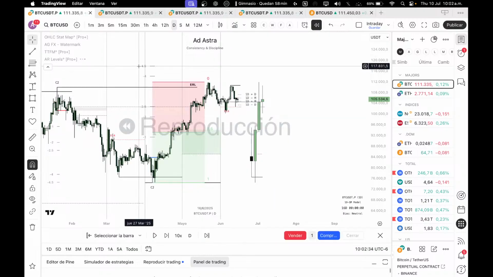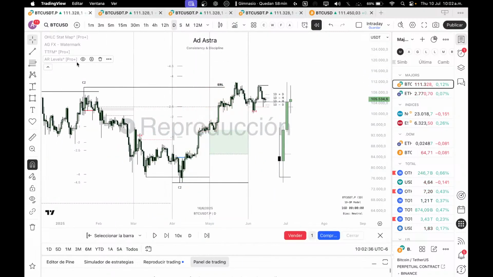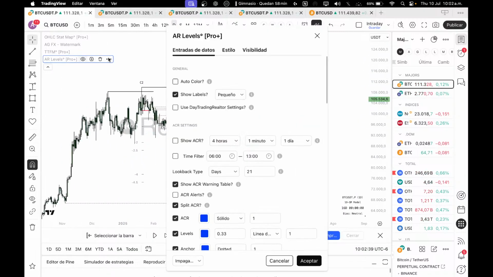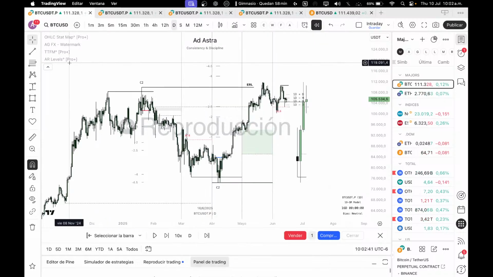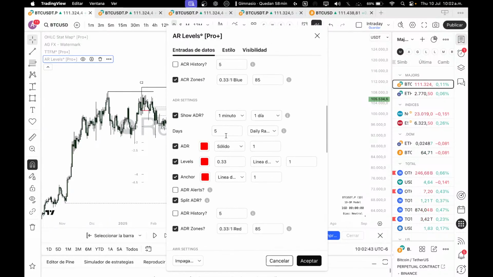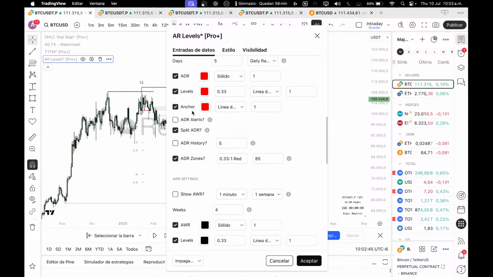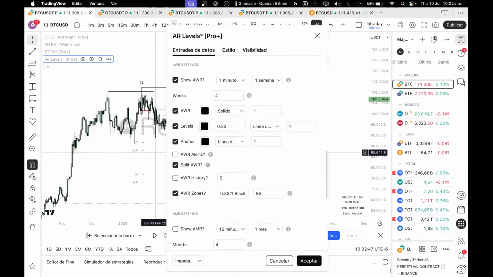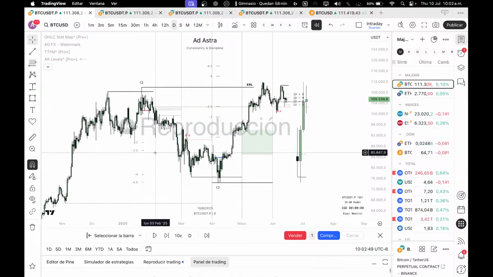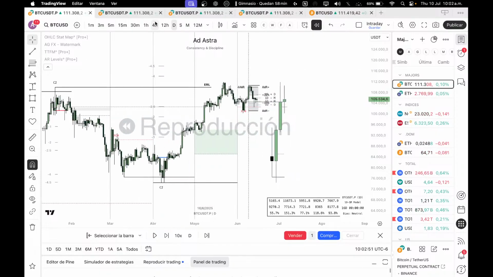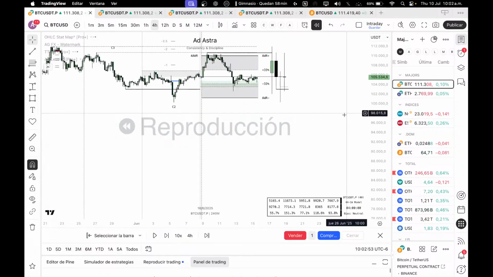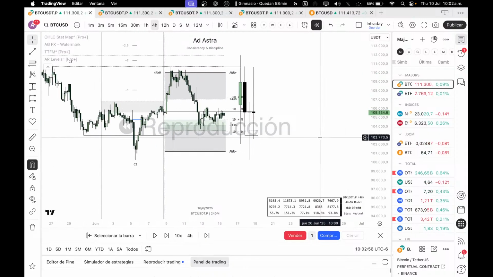Okay, this one is a really nice indicator. I'm going to do a video on this one later. I'm going to contact the Liquids guys, because I was working with them a few months ago, but I stopped doing content for them. But I want to create content for this specific indicator. This one is really great.